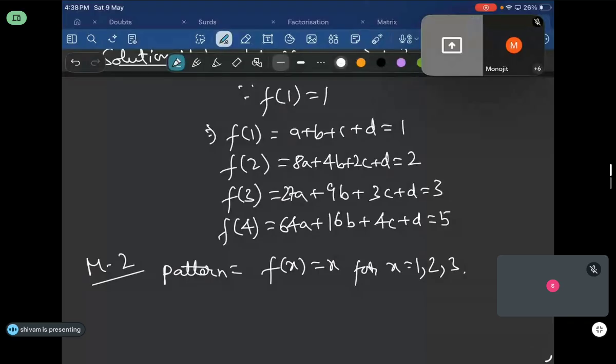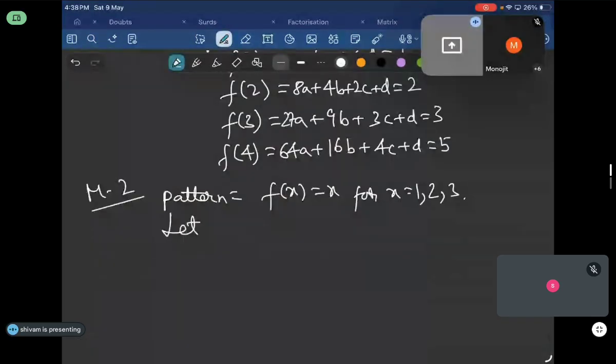So let q of x be equal to f of x minus x. This is the polynomial I am taking: q of x equal to f of x minus the pattern. Why have I taken this? You will see that q of 1 will be equal to f of 1 minus 1, that is 0. q of 2 is equal to f of 2 minus 2, that is equal to 0. q of 3 is equal to f of 3 minus 3, that is equal to 0.